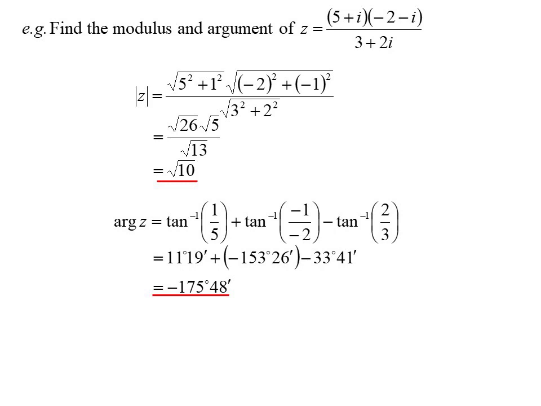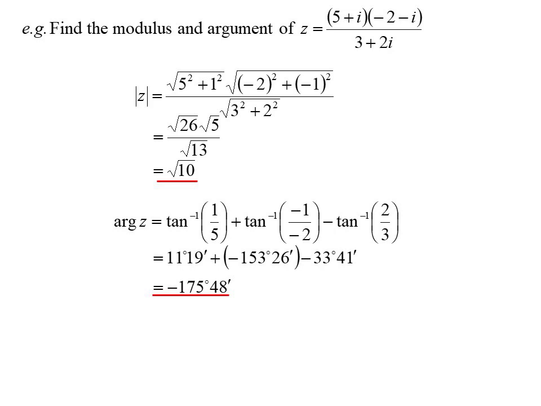Notice here the inverse tan, I wrote it as -1 on -2 rather than a half, because that's reminding me, hang on, this one is over there in the third quadrant. So I'm looking for a negative obtuse angle. So I've got minus 153 degrees 26, and the last one there, well, they're all positive. So again, we're in the first quadrant, 33 degrees 41. We end up with minus 175 degrees 48.